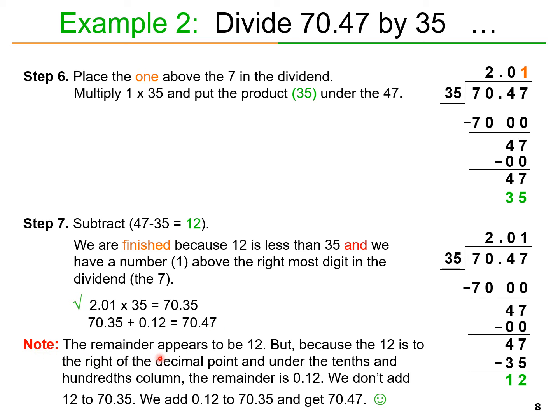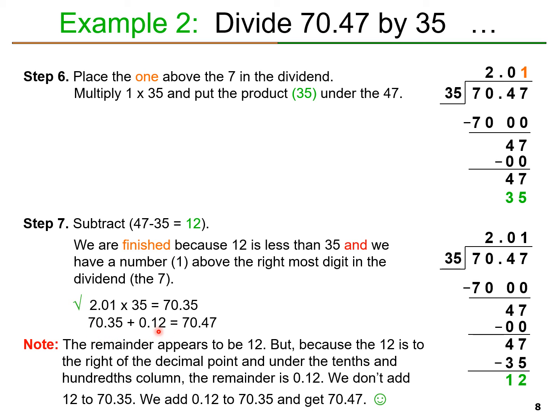Note, the remainder appears to be 12 right here. But because the 12 is to the right of the decimal point and under the tenths and the hundredths column, the remainder is actually 0.12. So up here, when we're checking our work, we don't add 12 to 70.35.